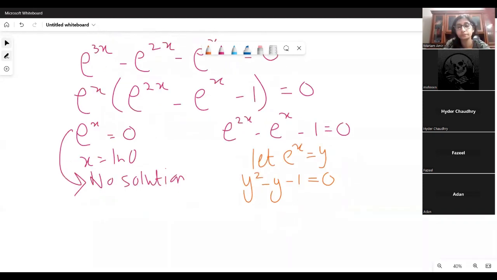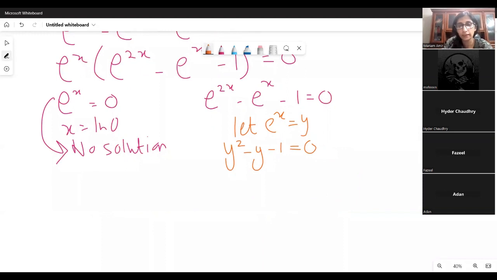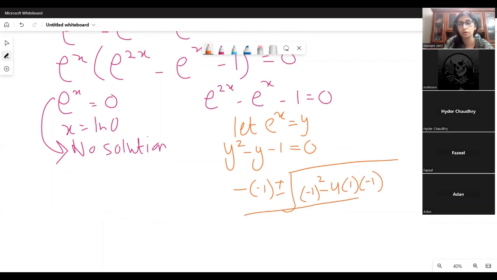Quadratic formula: (-b ± √(b^2 - 4ac)) / 2a, with b = -1.